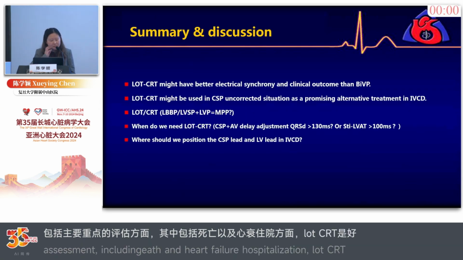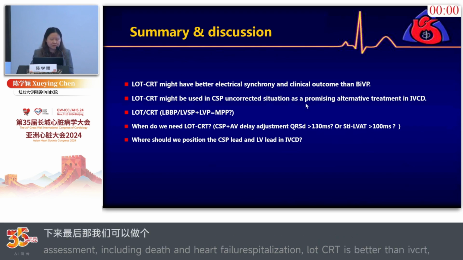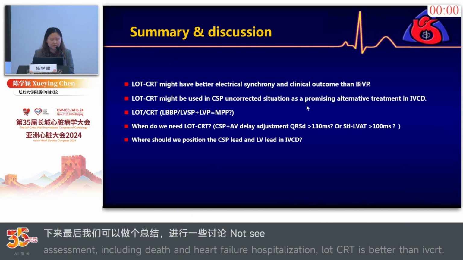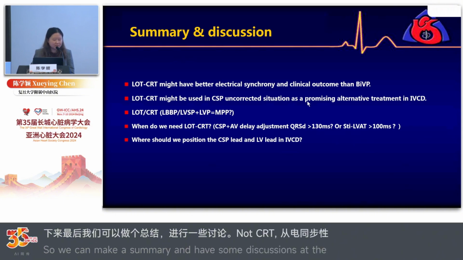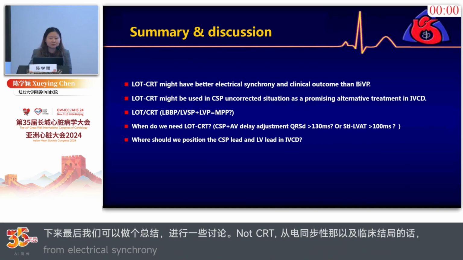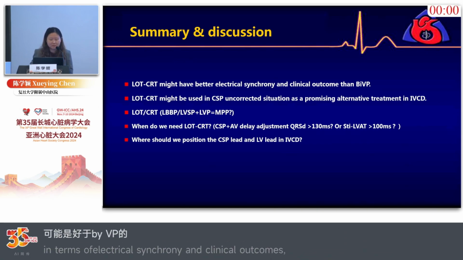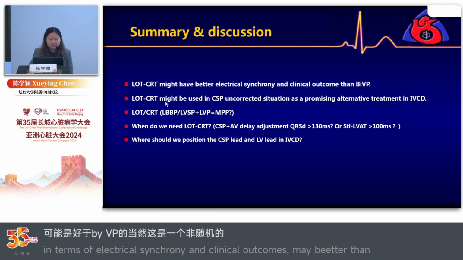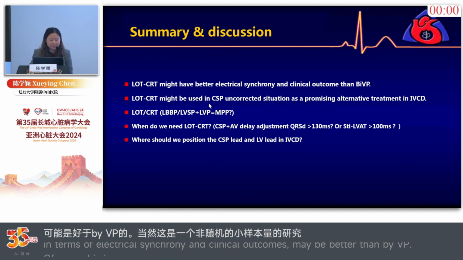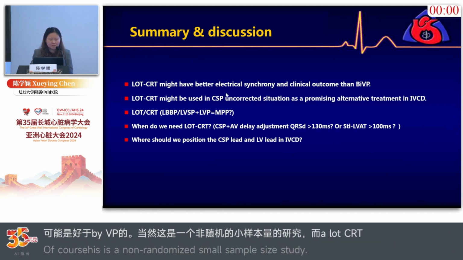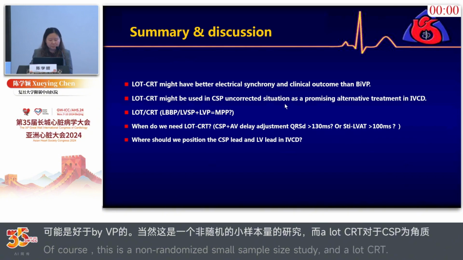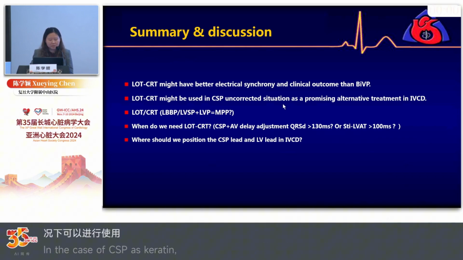So here comes the summary and discussion. LoT-CRT might have better electrical synchrony and clinical outcome than BiVP CRT, though this is a non-randomized small-scale study. And LoT-CRT might be used in situations where CSP fails to correct the conduction, like IVCD or non-LBBB cases, or maybe LBB pacing failure.